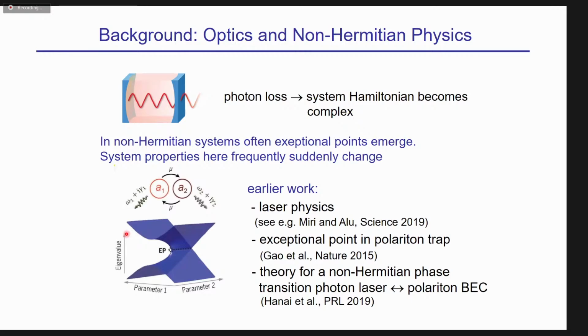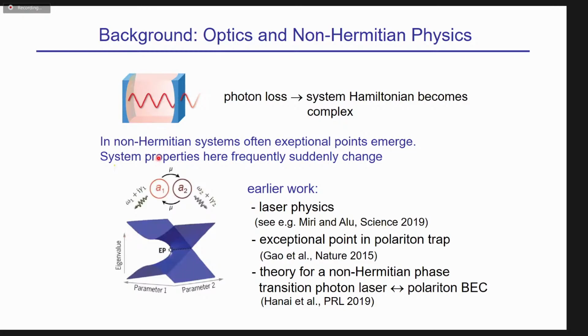So one has to account not just for the grand canonical nature, but also for loss and gain. We do have loss, of course, as one has in a normal laser. In our case, it's smaller, as I already explained, but nevertheless we do have loss, and with that the system Hamiltonian becomes complex.